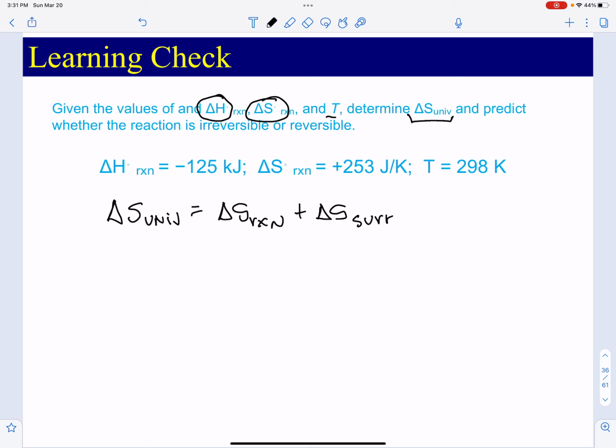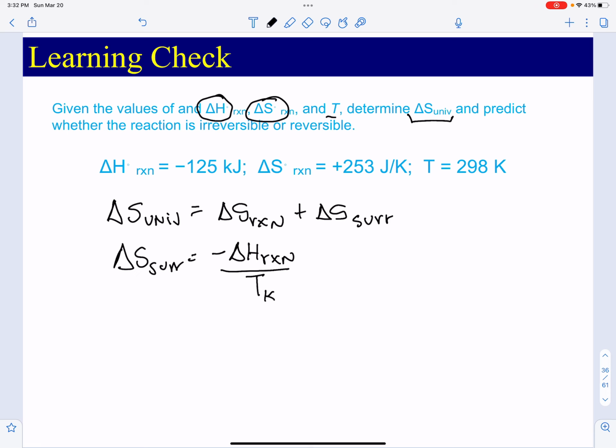And remember, we know that the change in entropy of the surrounding equals minus delta H of the system, in this case, the reaction, right? Since we are looking at the reactions, that's the system, divided by the temperature, which has to be in Kelvin, from 0 to whatever temperature.